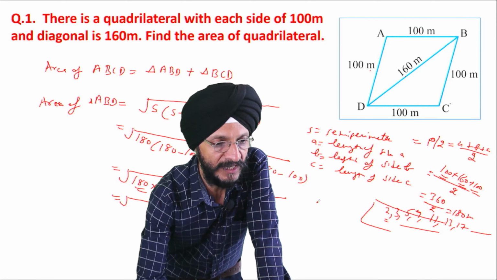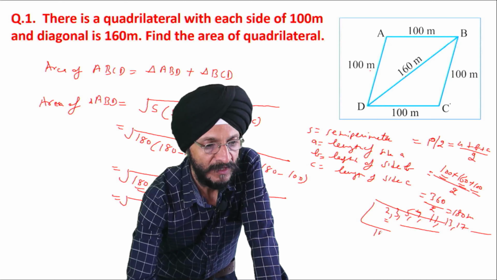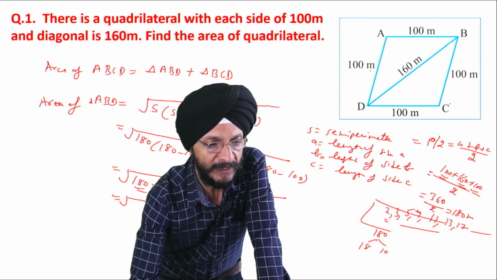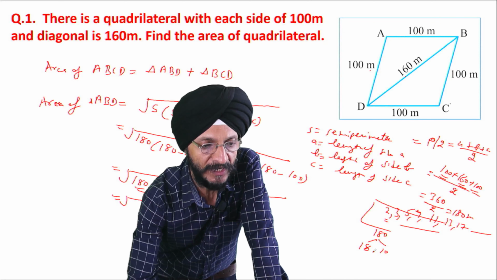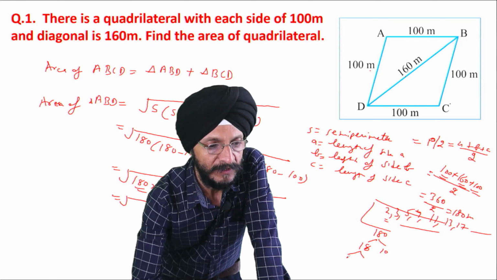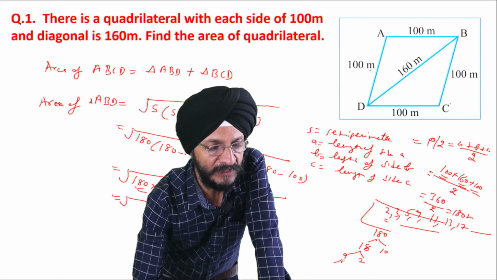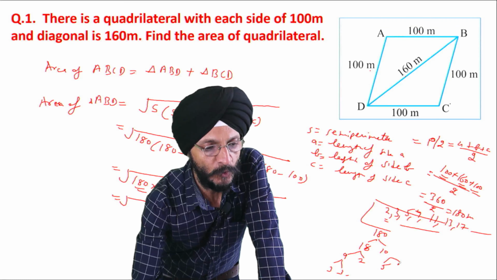So we can say that 180 can be divided into 18 multiplied by 10. 18 can be further divided into 9 into 2. 9 can be further 3 into 3. 10 can be 5 into 2.